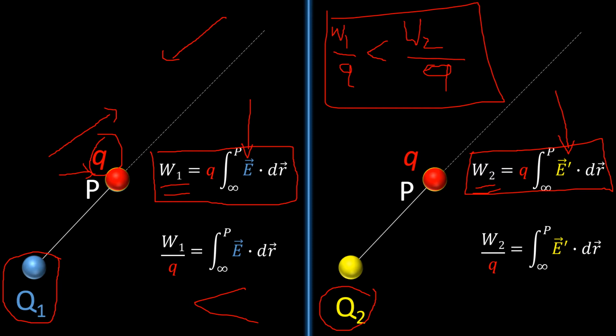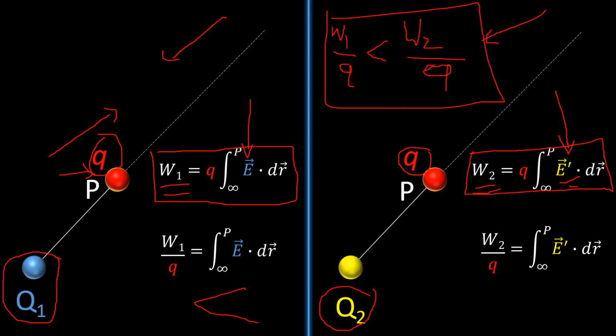Because q2 must have a higher electric field, and so it could make it more difficult for us to bring small q from infinity to point P. This quantity is giving us the influence of a charge, maybe it is q1 or q2, at a given point, because the more the charge, the more the work done. And so it is very similar to electric field, with the only difference that here we are talking about work, about energy, and it is a scalar quantity.